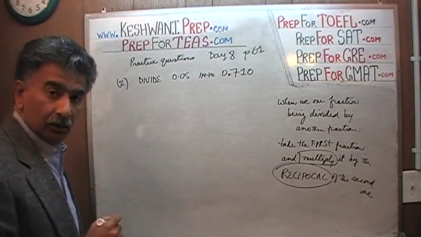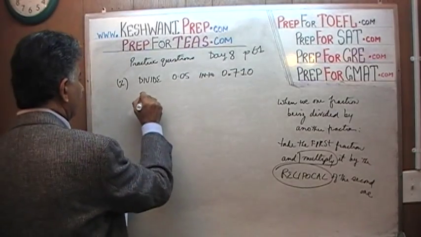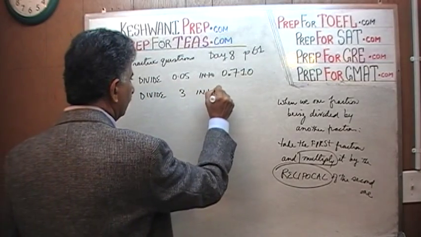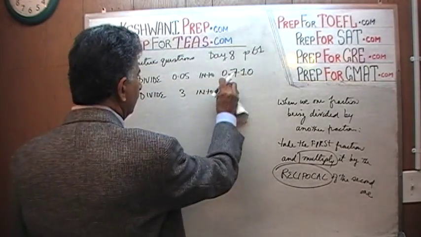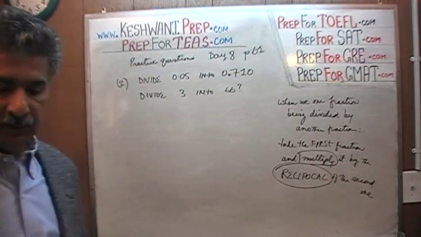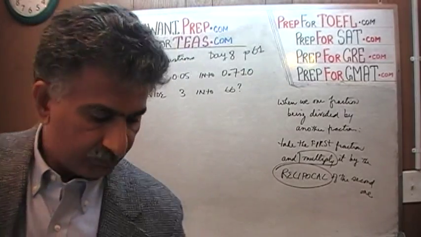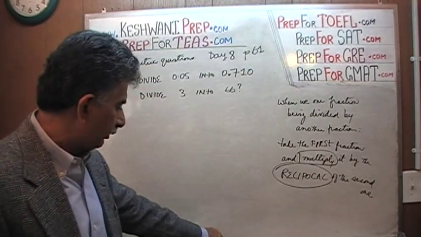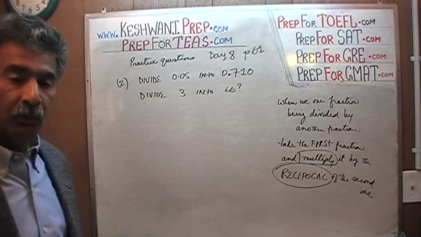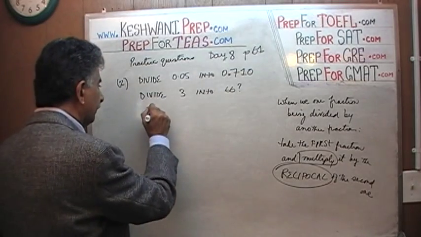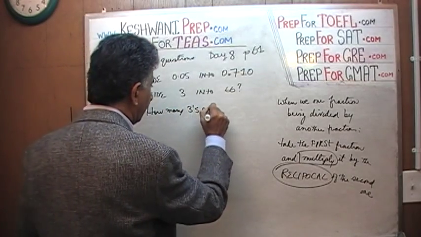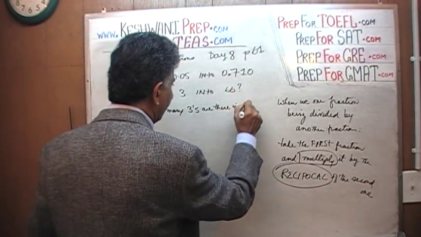For example, if someone tells us to divide 3 into 66, what does it mean in the English language? What are they asking here? When someone says divide 3 into 66, what they're asking is how many 3s are there in 66?